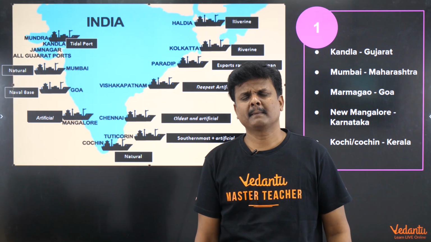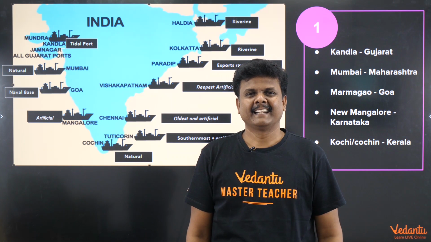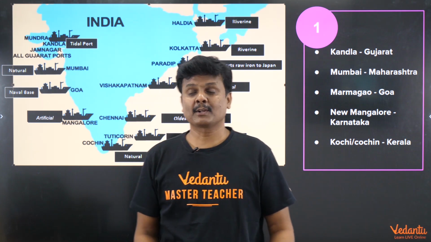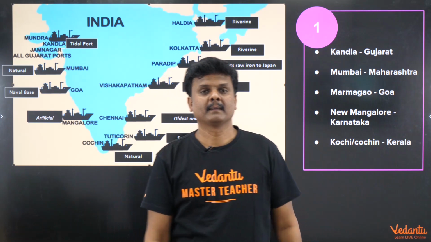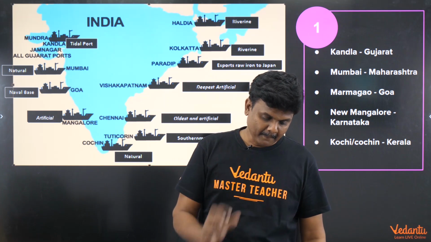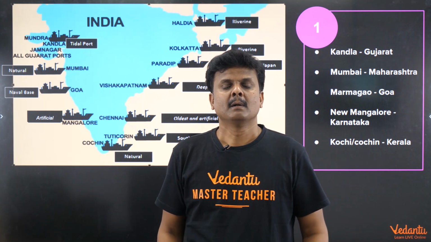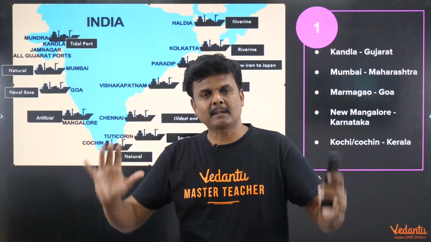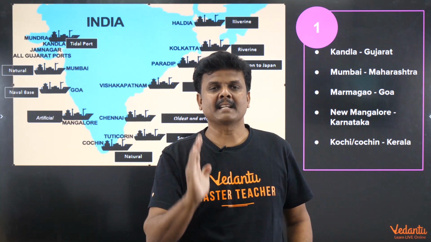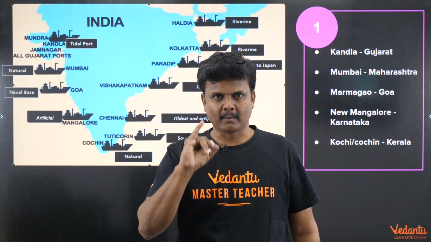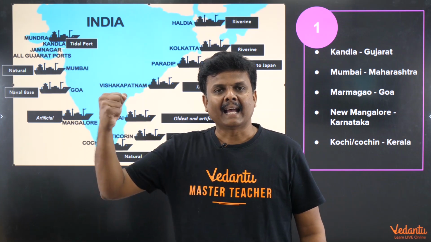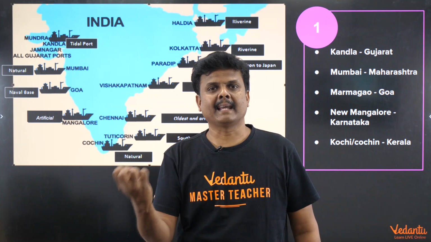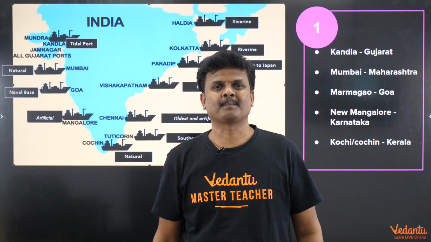What's a natural harbor, by the way? Any idea? What is a natural harbor? What is a natural port? Guys, just remember, a natural harbor is one made by nature. Nature has created that place, the shore, in such a way that the ships can be docked. By that, what do we mean? Anchors can be naturally held in that region across the shore.